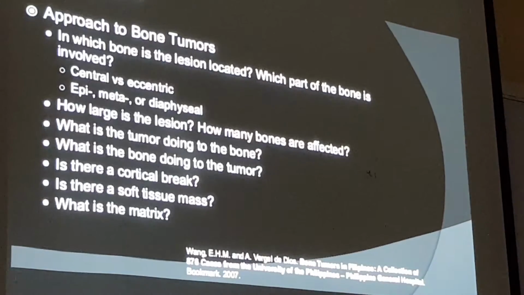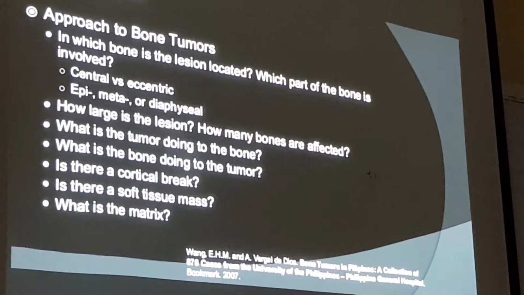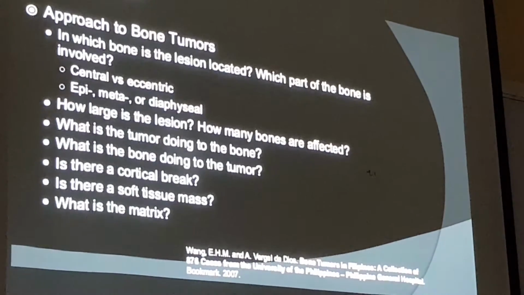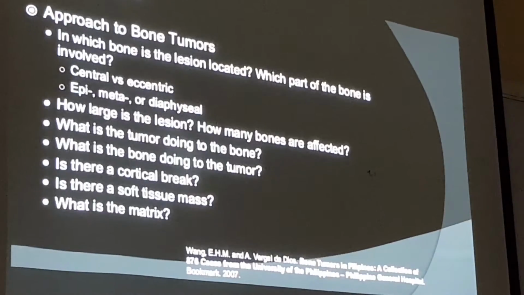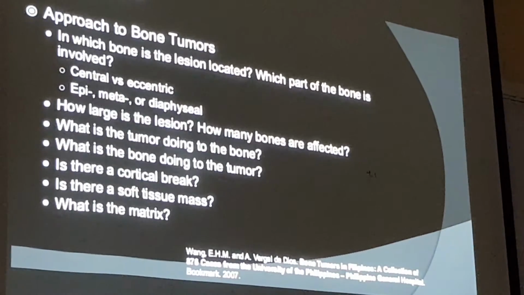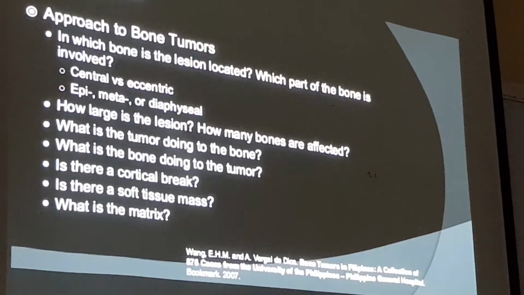What you have to be able to do is say whether the lesion you are looking at is aggressive or non-aggressive. Note that I'm not using the term benign or malignant because the problem with bone tumors is that osteomyelitis can mimic them, and acute osteomyelitis always has an aggressive appearance.